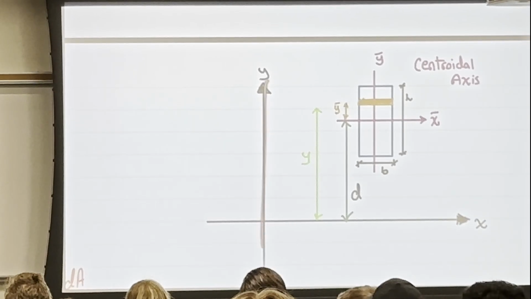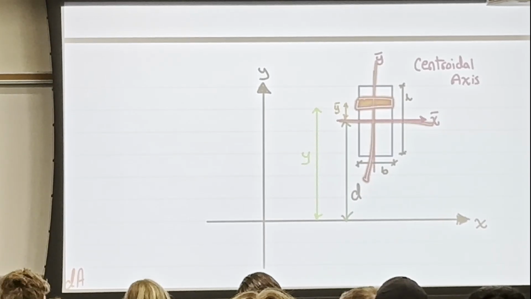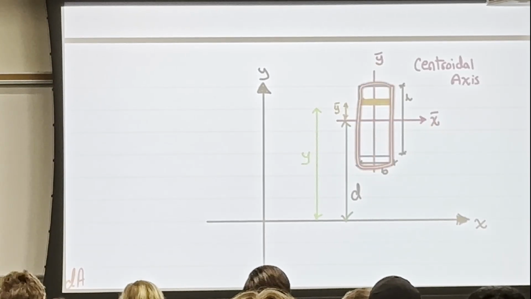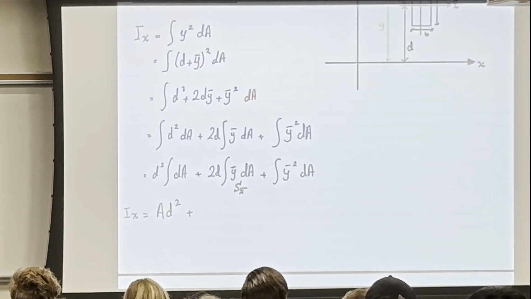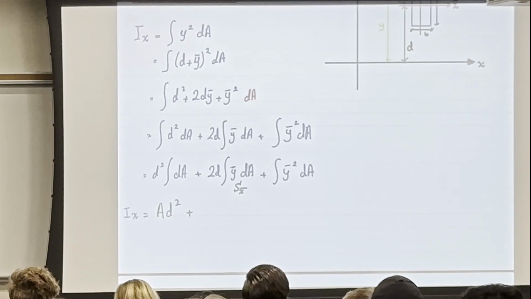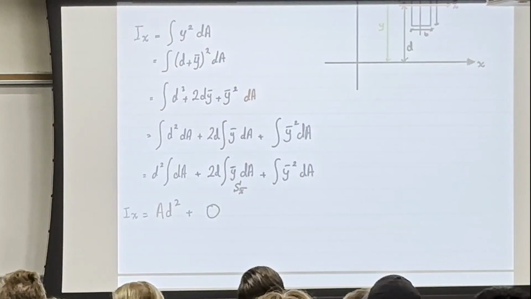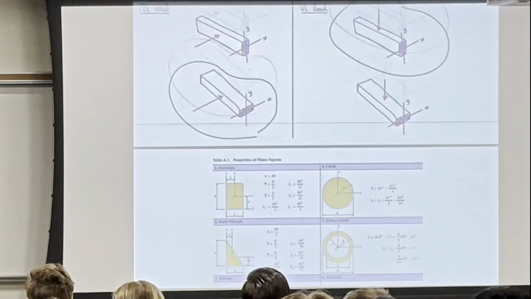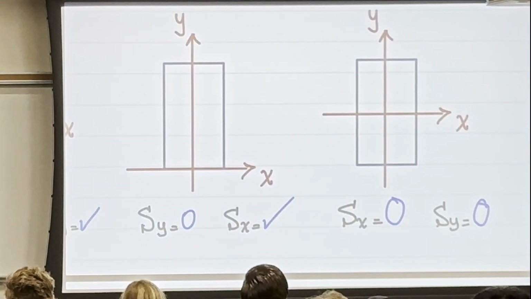I do have x and y, and I do have x bar and y bar. The first moment of area of this area around its centroidal axis, what is it? Thank you. Genius. Do you all agree with him? We practiced that at the beginning when I told you what the first moment of area about its centroidal axis is. That's why it's 0.